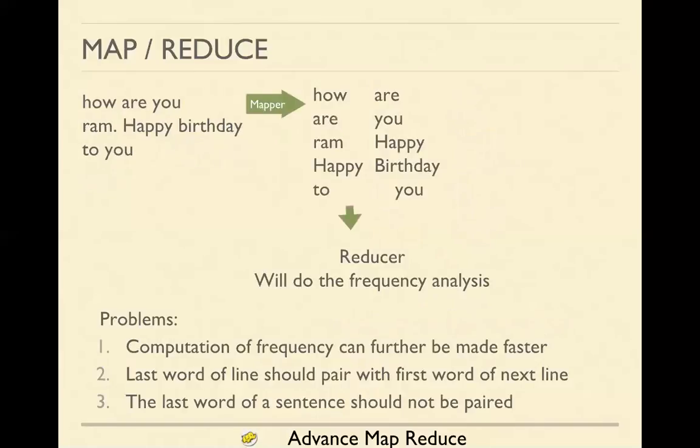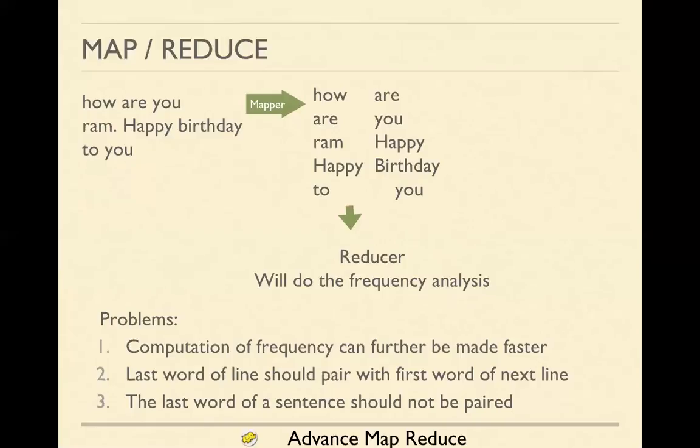So there are 3 problems with this. One is, yes, that's correct, Mohit, the context is not being considered. Because one word could mean many other things. So the problems associated with this approach are, one, computation of frequency is too difficult to be done in the reducer. We'll talk about it later, how to solve it.